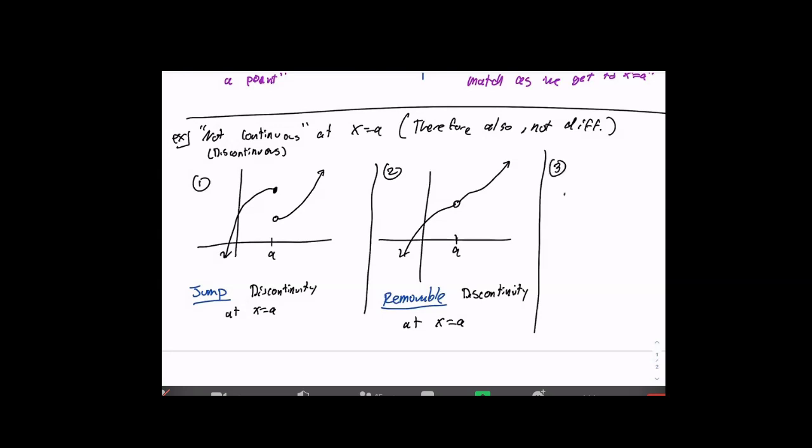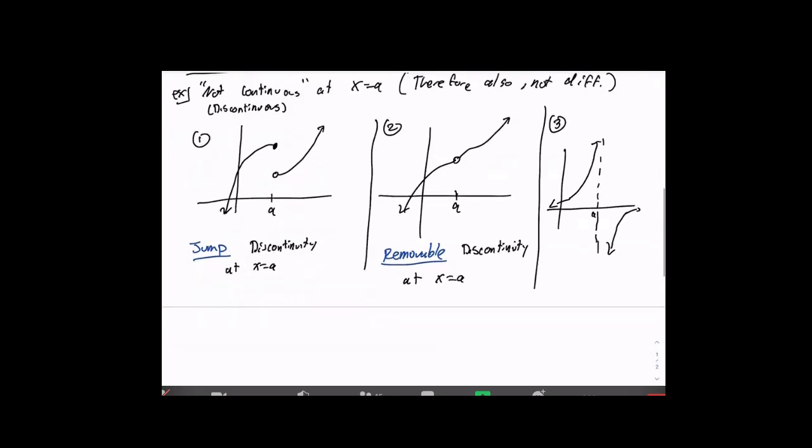And finally, the last one. You know this as a what? A vertical asymptote.